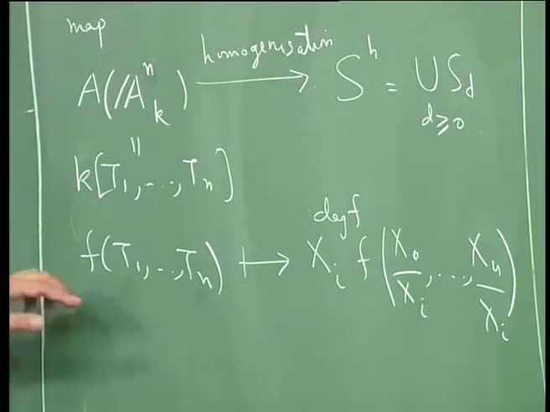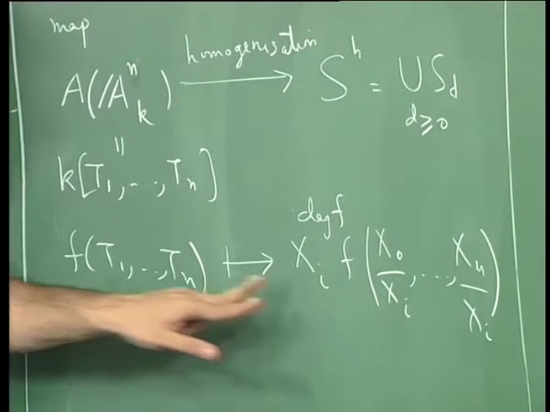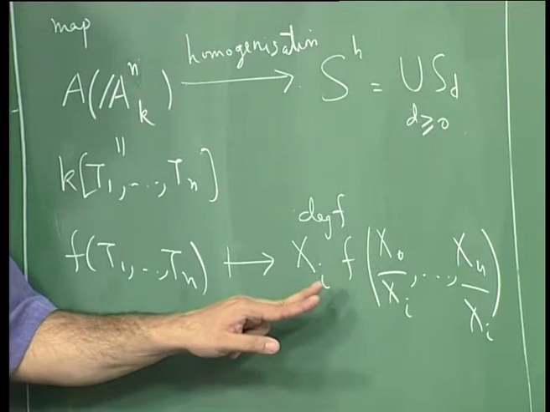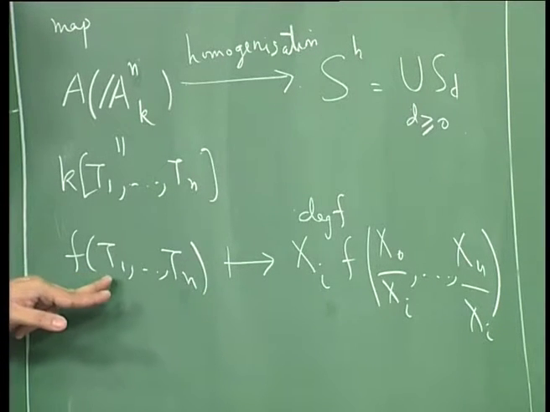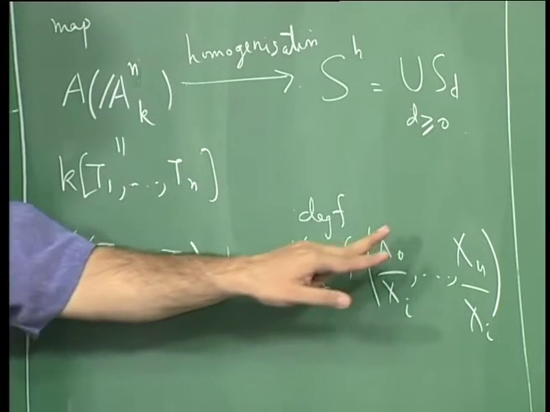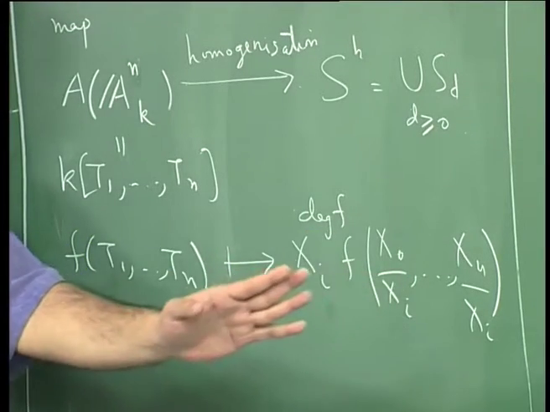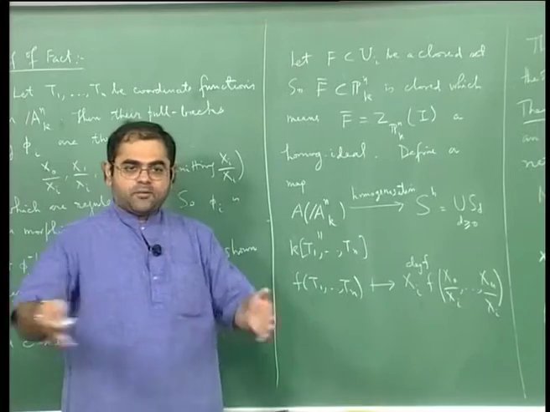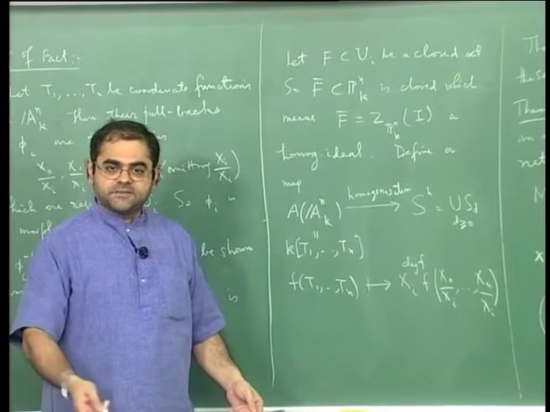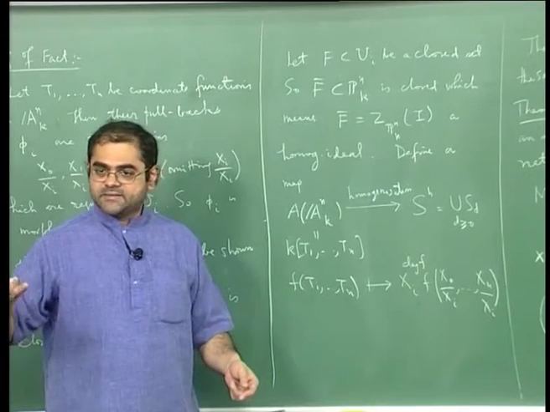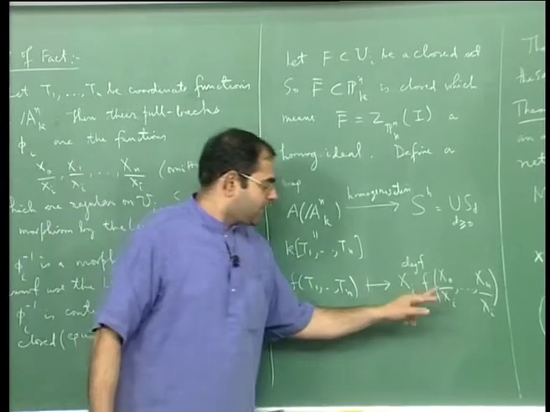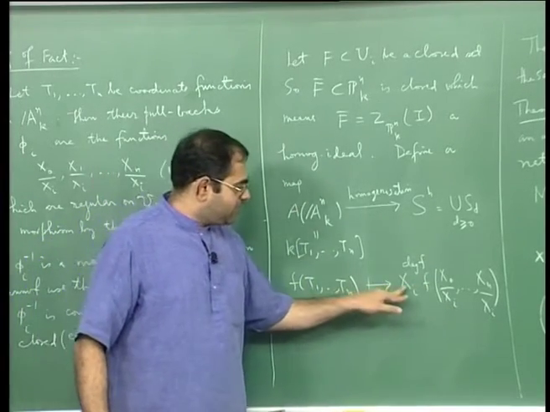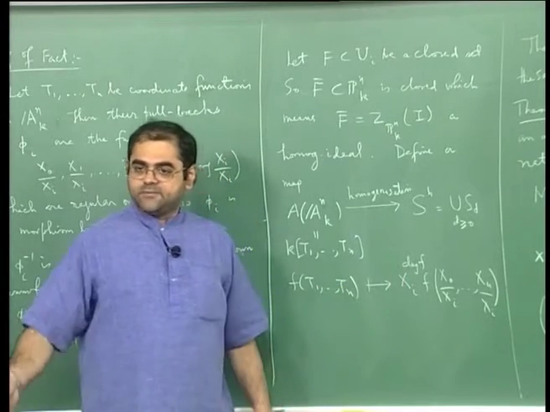So what you must realize is that when I plug in for T1 through Tn the x0 by xi, x1 by xi and so on up to xn by xi, of course omitting xi by xi, then I will get a polynomial in the xj by xi, where j varies and i is fixed, which will have the xi's in the denominator. But by multiplying it by xi to the degree of f I clear all the denominators, okay.